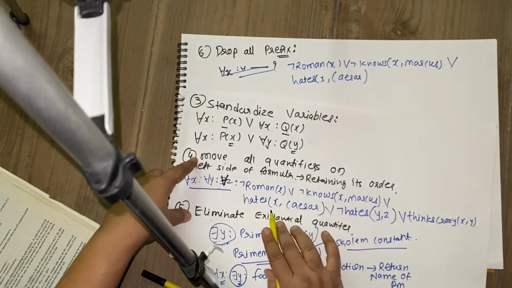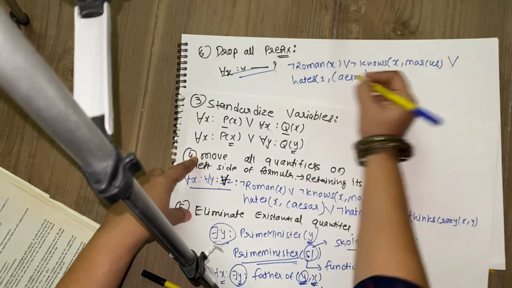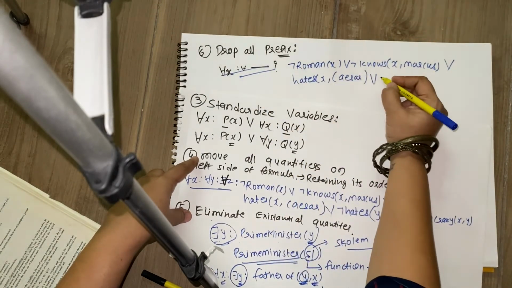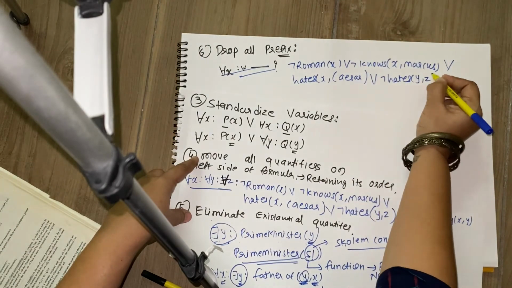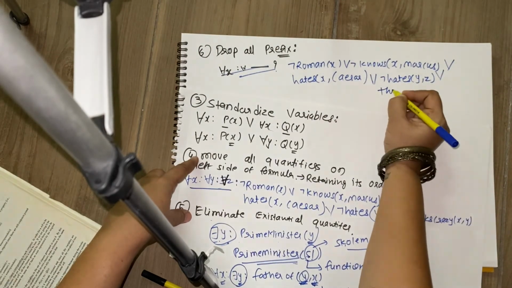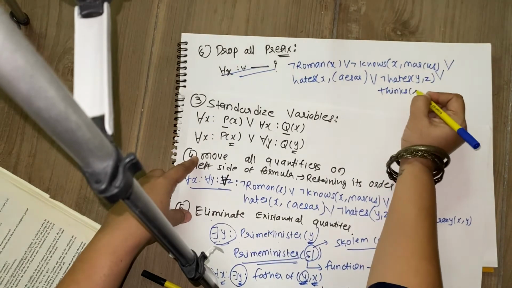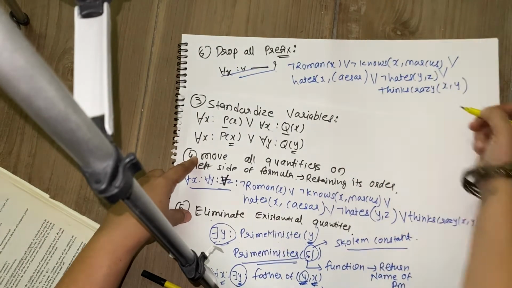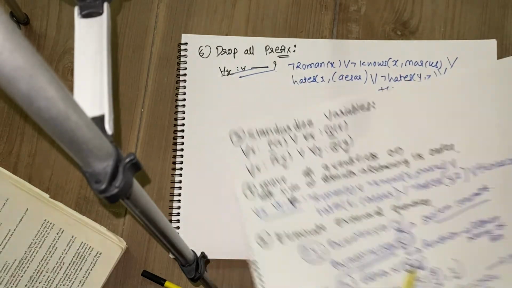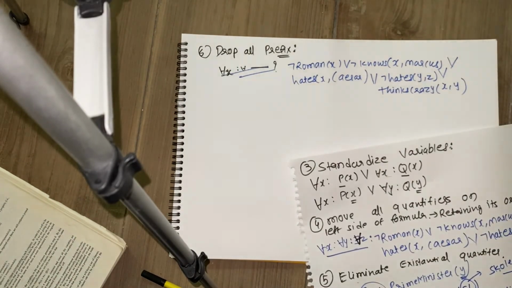Okay, everything else is as it is, only the prefix is dropped. Or not hates Y, Z, or thinks crazy X, Y. Simple. So that is the sixth step we have discussed.